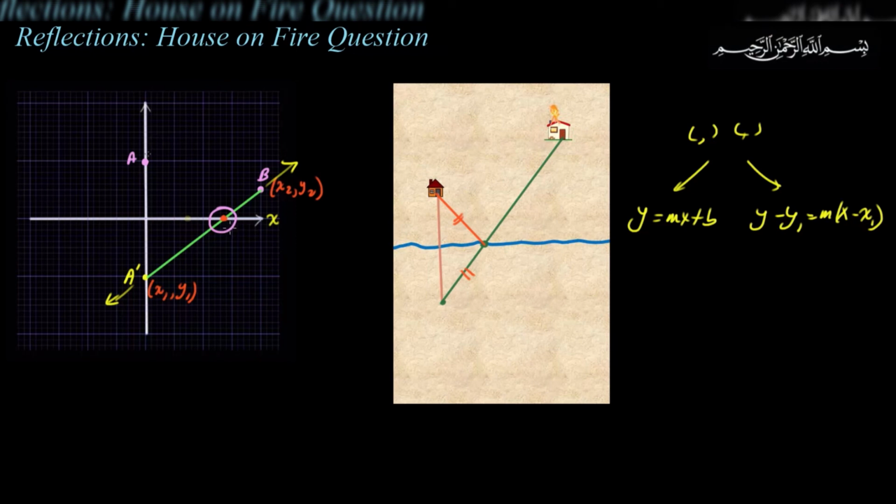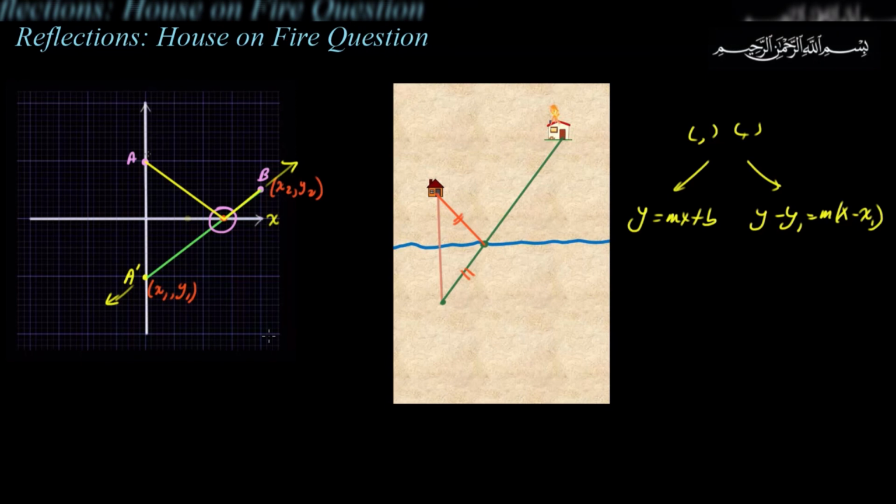That is, you can find this ordered pair, because for this line you just have to substitute y equals 0, which is the equation of the x-axis. So you can find the intersection of this line and the x-axis, and that will give you the point that you would have to go to if you wanted to go from A to B by the shortest distance.